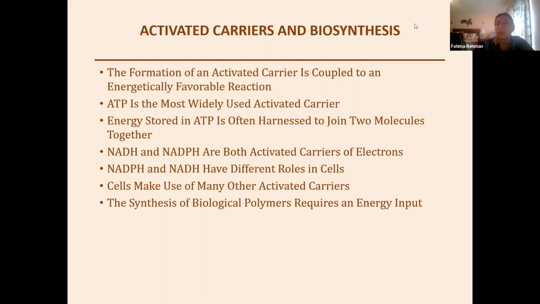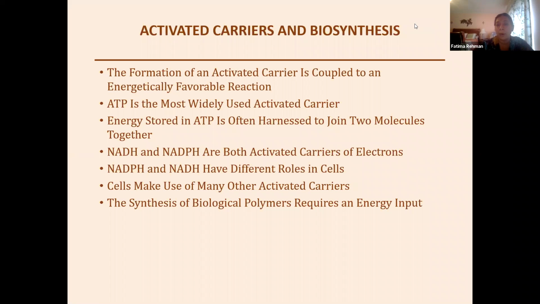ATP is the most widely used activated carrier that is broken down to release phosphates, and those ATP phosphates are then used to join molecules together or to activate them. Other forms of carriers include NADH and NADPH.